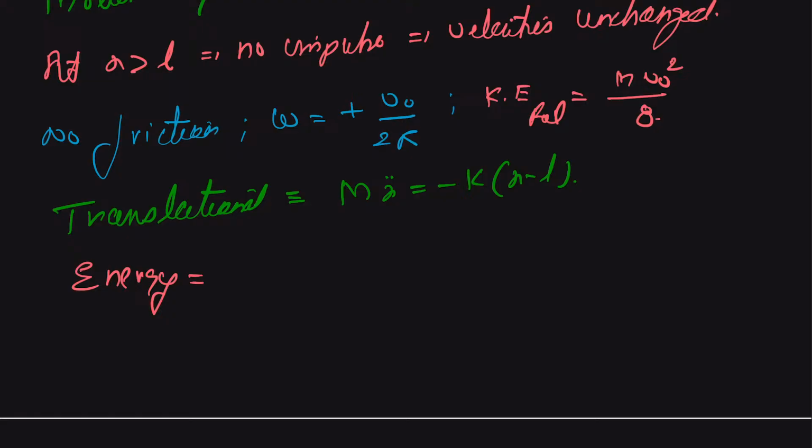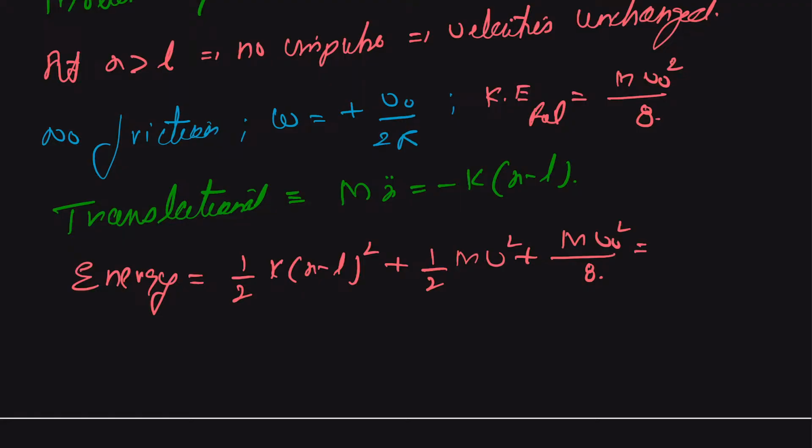So our energy will be equal to the energy because of the spring plus half m v square plus m v naught square upon 8. And this will be m v naught square upon 4, which we have done previously also.